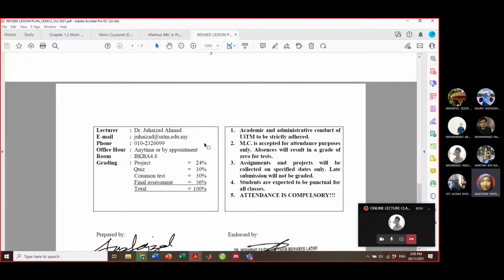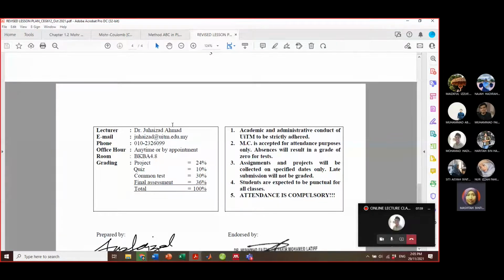pada 22 hari bulan, pada 25 hari bulan 12 is a festive leave. So 25 hari bulan 12 kita akan cuti lagi selama seminggu. So maknanya you boleh rancang apa yang sepatutnya anda buat dalam tempoh 3 minggu ini. Kemudian nanti naik daripada cuti holiday itu, you nak kena submit project.